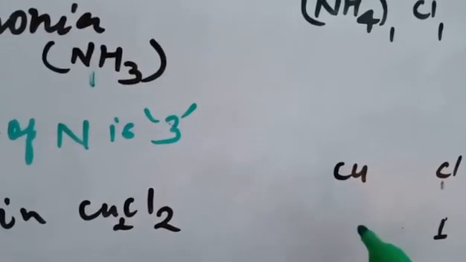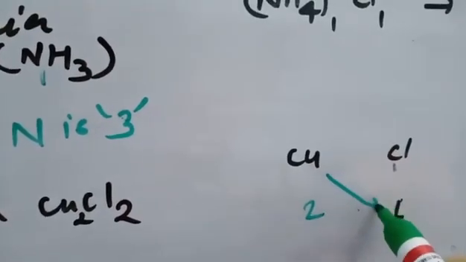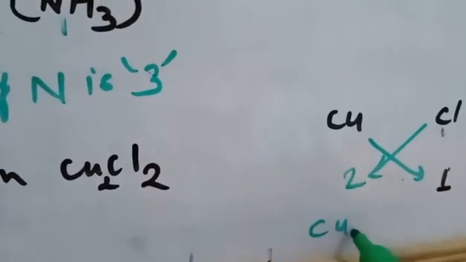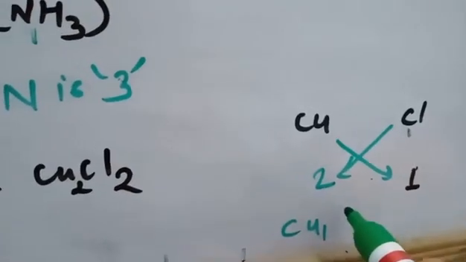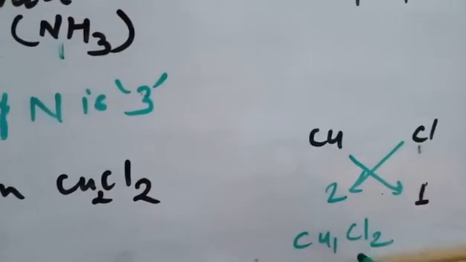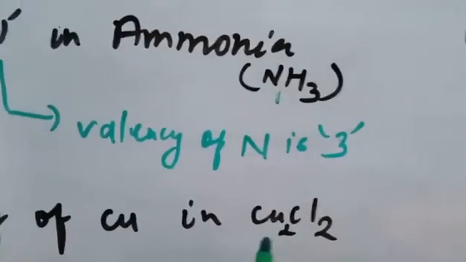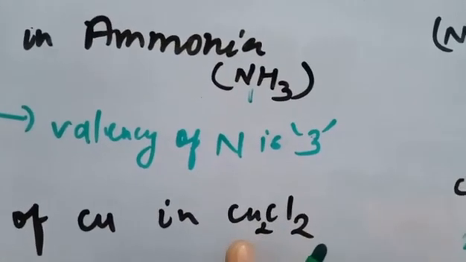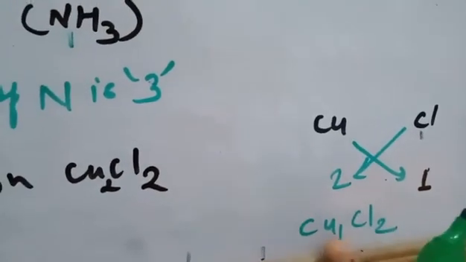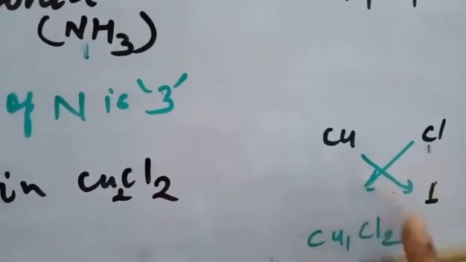Okay. But let's say if you write 2 here and do the crossover, then what formula will you get? Cu1, and you will get CuCl2. Cu1 Cl2. So you are getting overall CuCl2. But I asked you to find out the valency of copper in Cu2Cl2. The formula whatever we have got is Cu1Cl2. So the valency whatever I have put for copper is wrong.